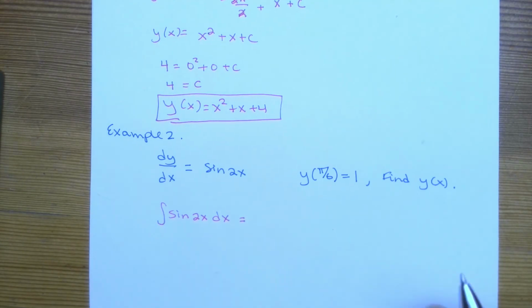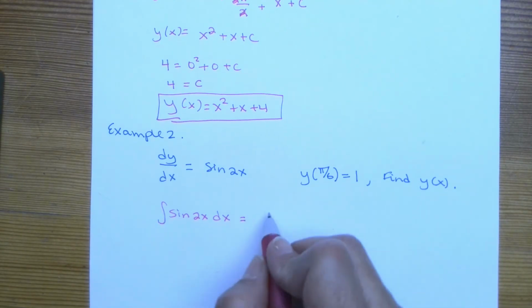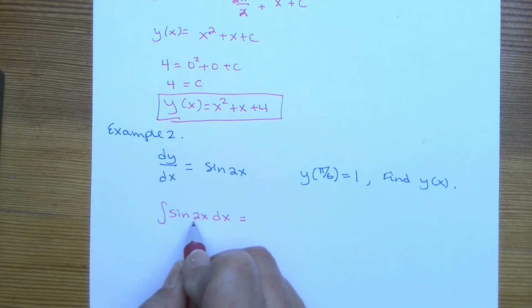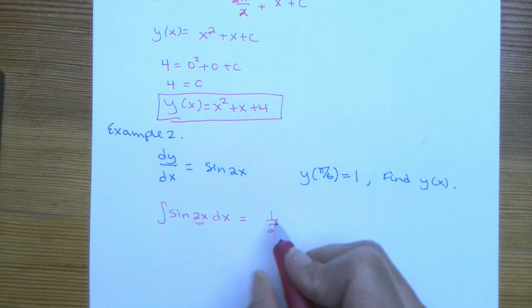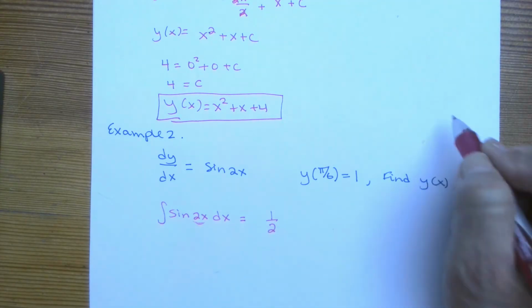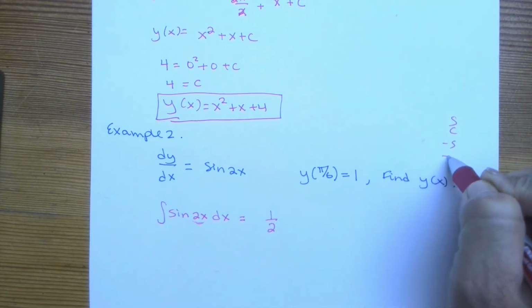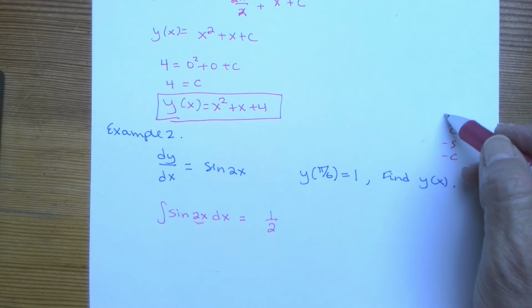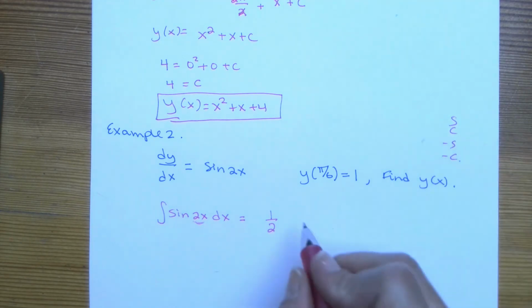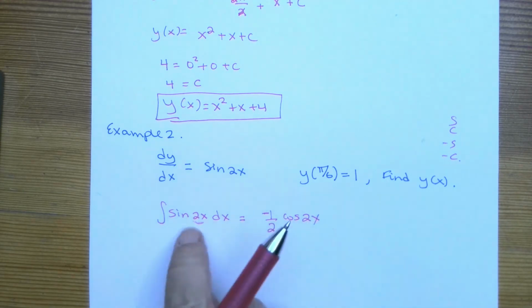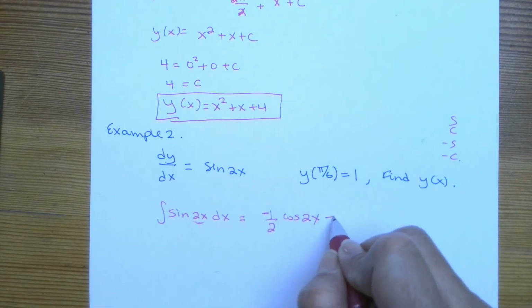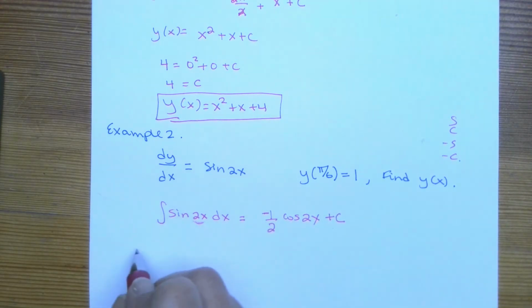And either do it with a u sub if you've learned that, or just the property if you haven't. I've got this k coefficient in there, so it's 1 over k on the outside, so 1/2. And then integrate sine, my little cheat sheet again, we get negative cosine, so negative cosine 2x, argument stays the same, plus c.